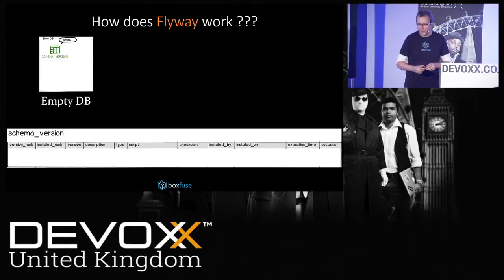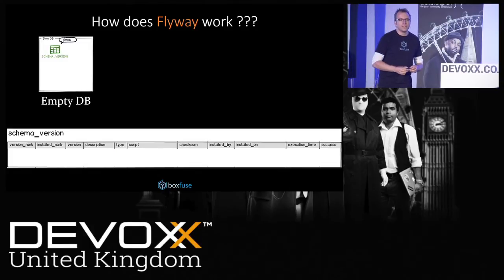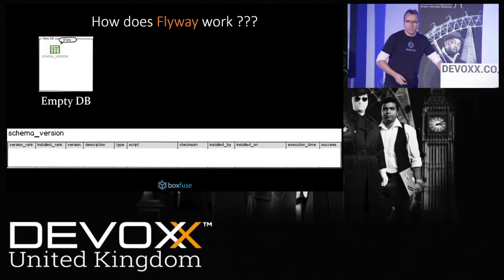The successful flag is something I wish we wouldn't need, but unfortunately in 2015 we still have a large number of databases that do not support DDL transactions, so the data definition language, create table, and so on. You would think this would be standard by now, but unless you're using DB2, Postgres, or SQL Server, you're really out of luck.